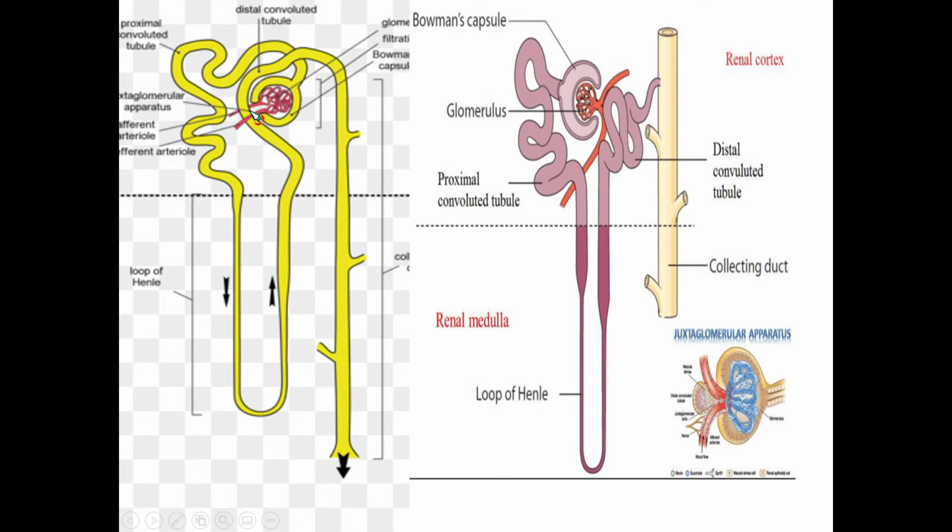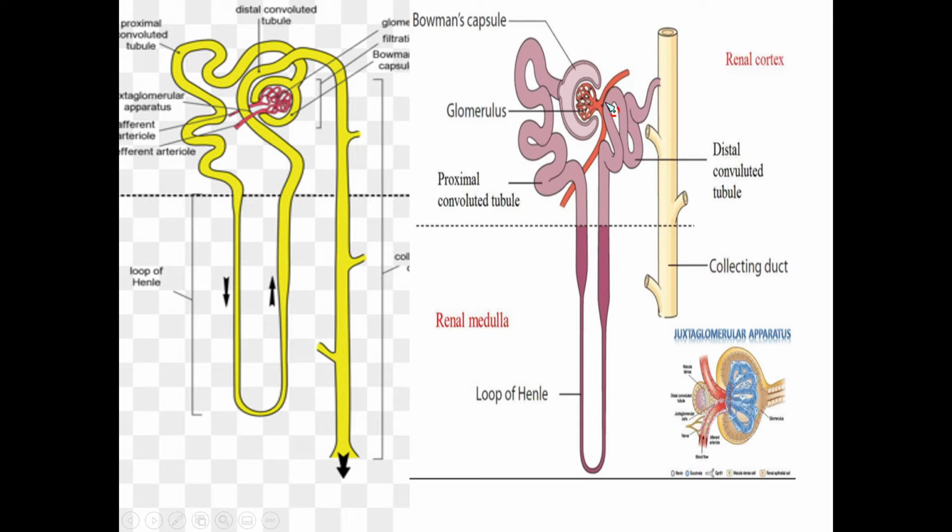Moving to another diagram, this is your Bowman capsule and the glomerulus, the PCT and loop of Henle, and then we reach the part of the distal convoluted tubule that lies between the afferent and the efferent arteriole.